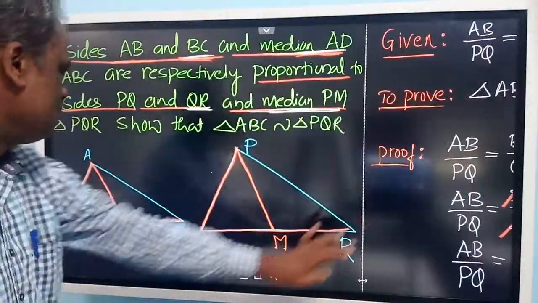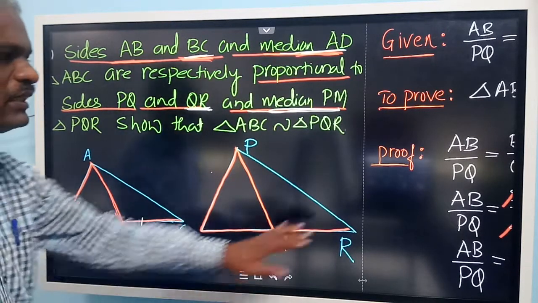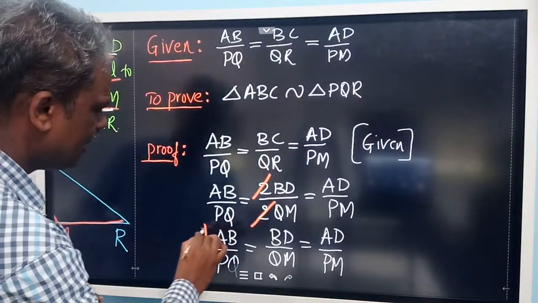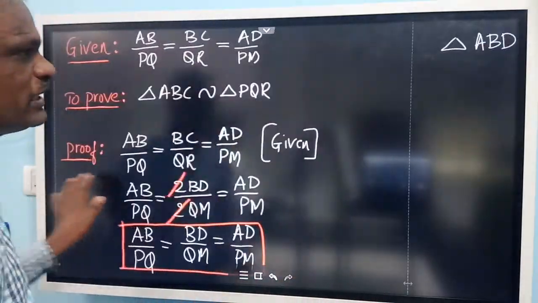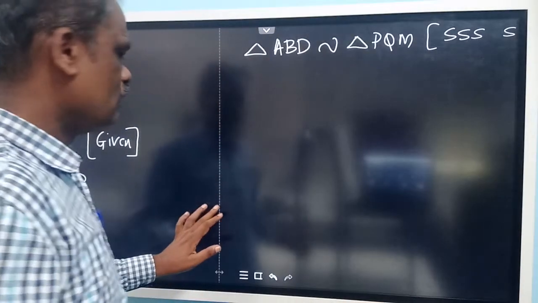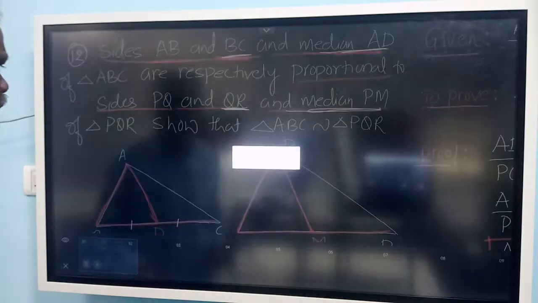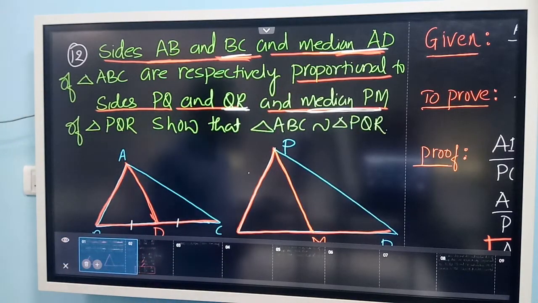SSS similarity because AB by PQ one side, BD by QM another side, AD by PM third side. They are proportional here. We proved that three sides are proportional in both the triangles. So therefore we concluded that ABD is similar to PQM. Now our job is not to prove ABD similar to PQM. We wanted to prove ABC similar to PQR, but we proved that ABD is similar to PQM.